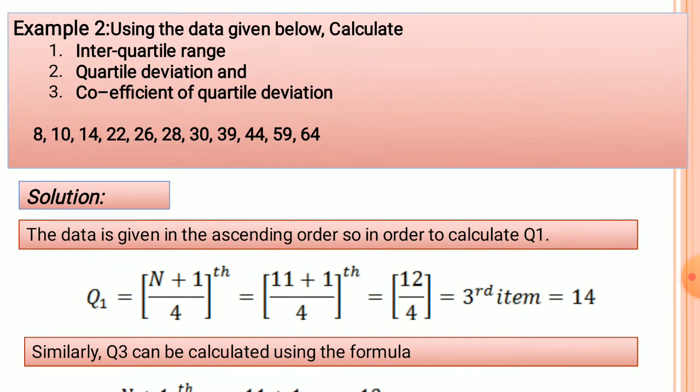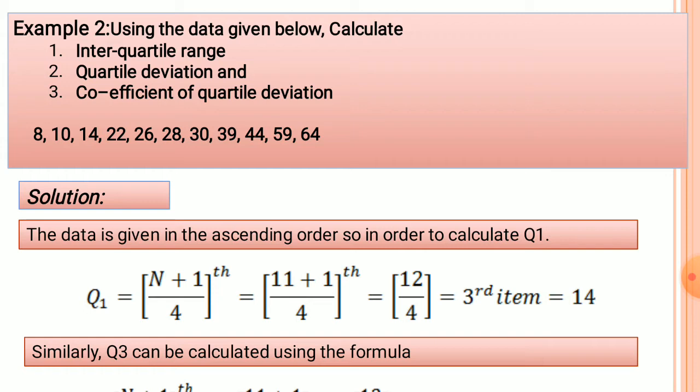Here we have to ensure whether the given data is in ascending order or descending order. First we should ensure that, and if it is given in a proper way, either in ascending or descending, we can directly go for solving QD and its coefficient of quartile deviation.